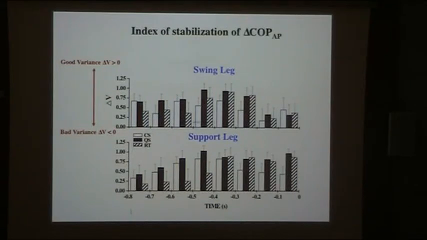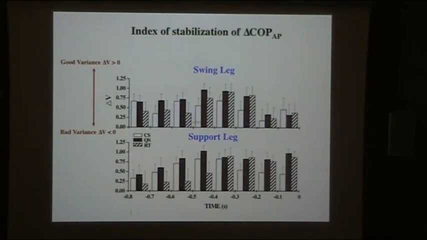So, about 100 to 200 milliseconds prior to the initiation of stepping, somehow the synergies that used to stabilize center of pressure, synergies within that half of the body, started to be phased away. At first we thought, well, it's a smart idea because when you lose contact with the ground, when you initiate the step, the muscles of this leg cannot do much to stabilize center of pressure.